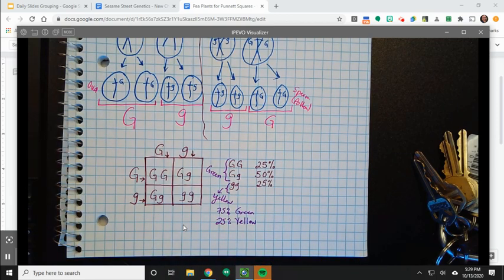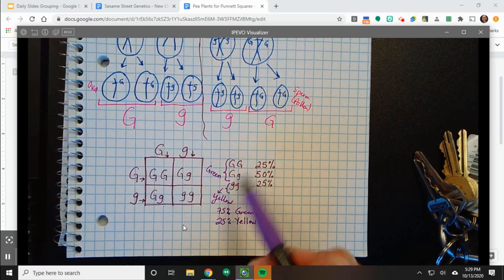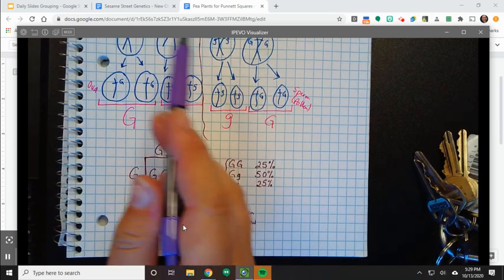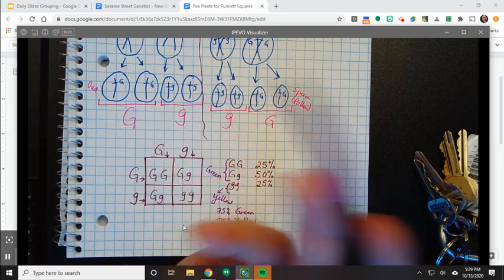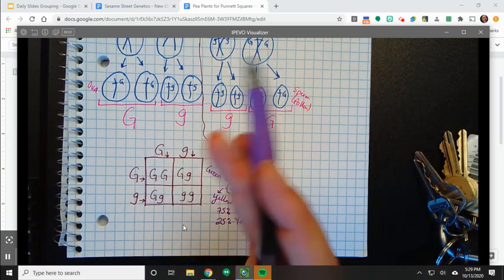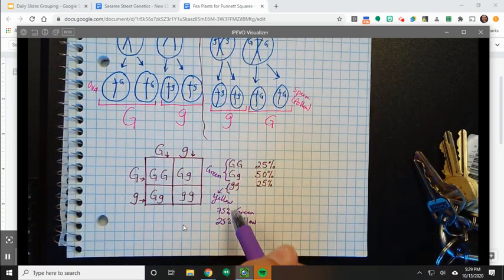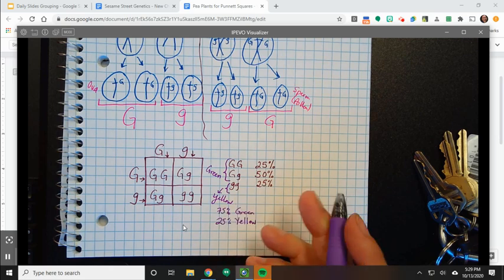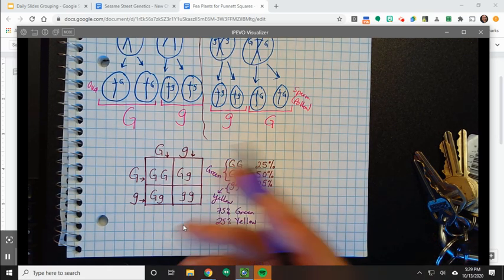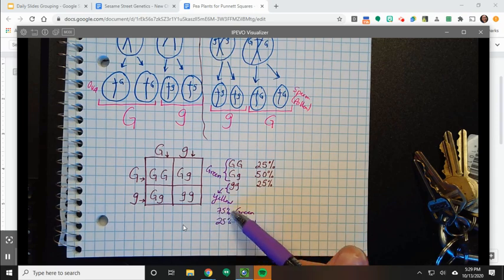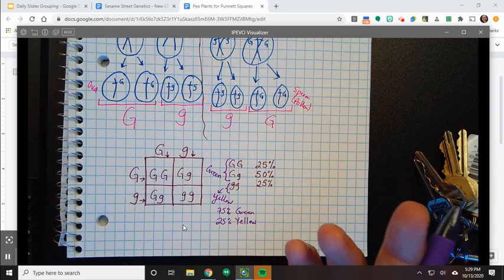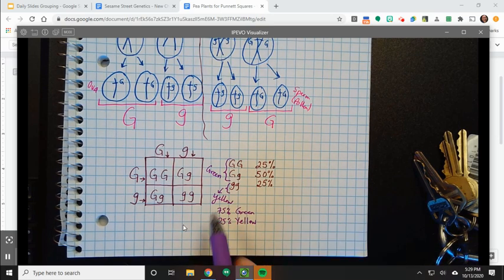And if you just keep mating these two parents, which is completely and totally possible, if you had 1,000 offspring or 1,000 pea pods, you'd have about 750 of them be green and about 250 of them be yellow. So what you actually see in real life is that these numbers do play out roughly as predicted.